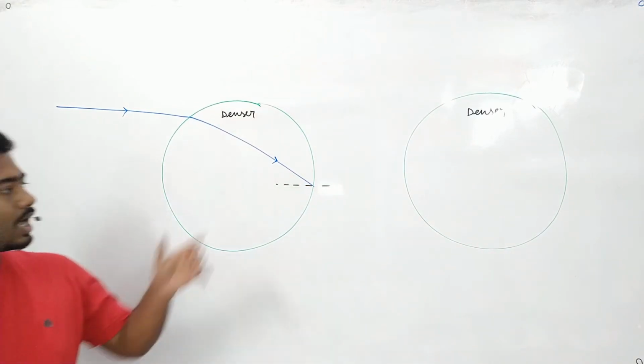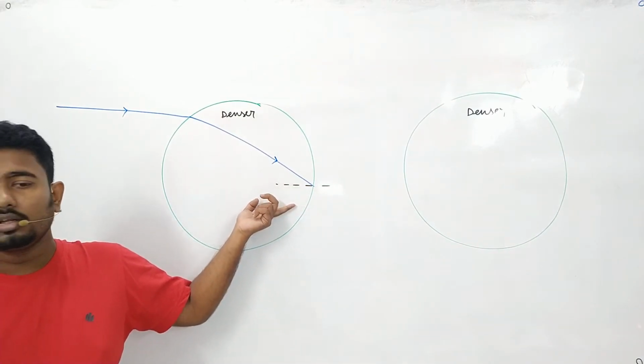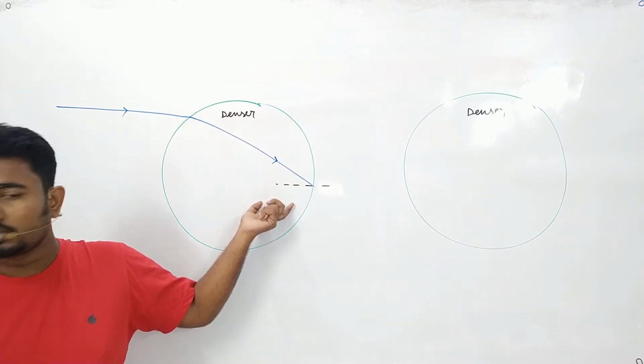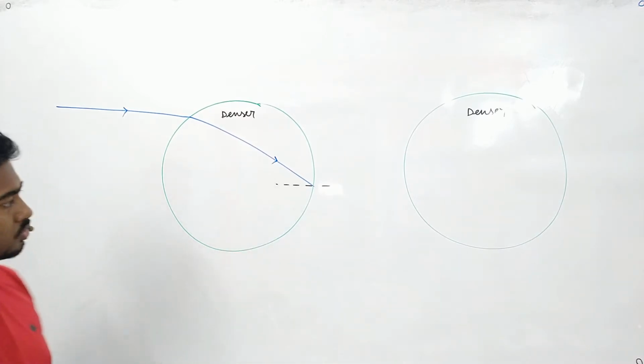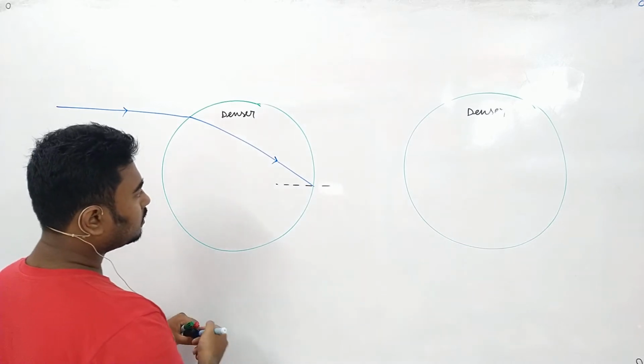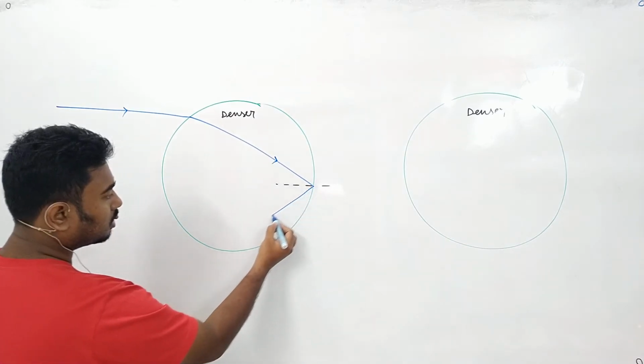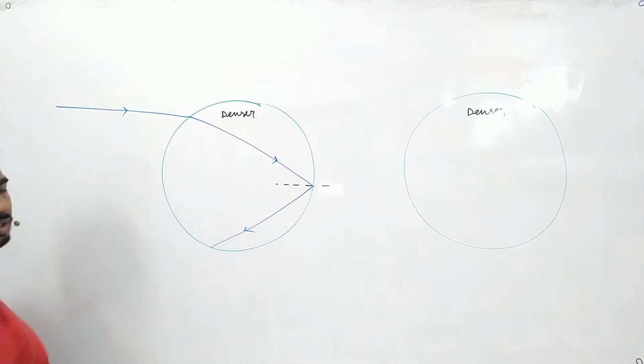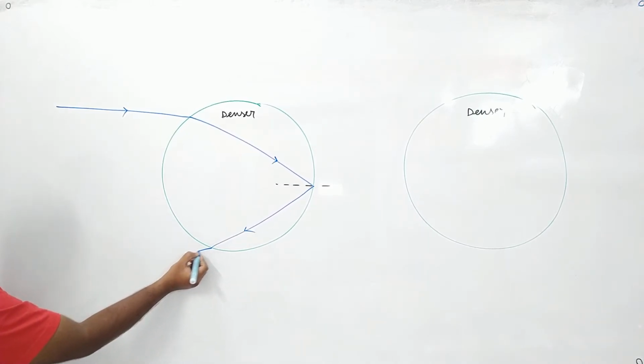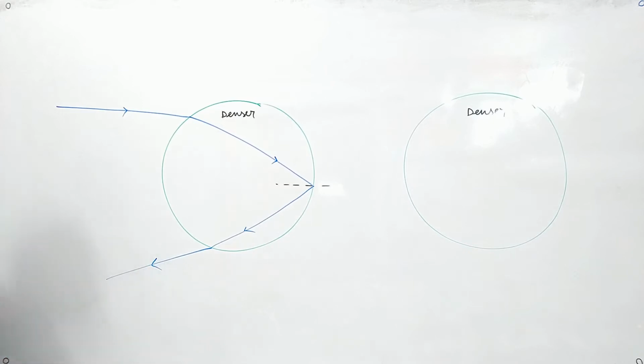That means there is a high possibility that it will reflect back. That is known as total internal reflection. So total internal reflection will take place and it will reach this surface, and after that it will move out. So this is a possibility.